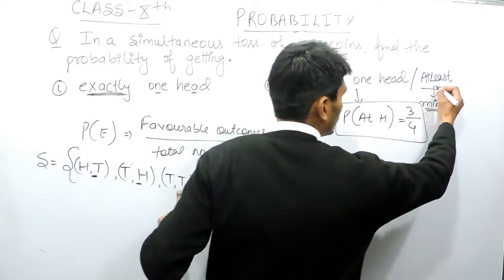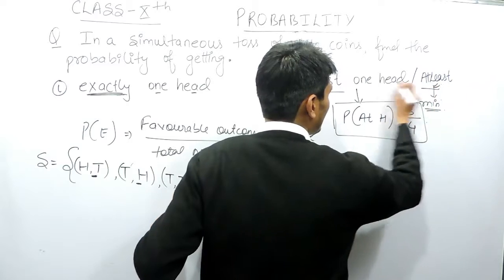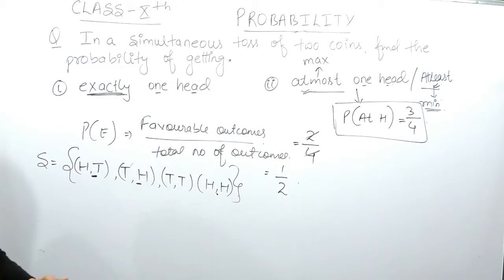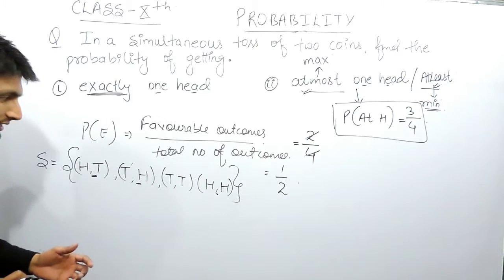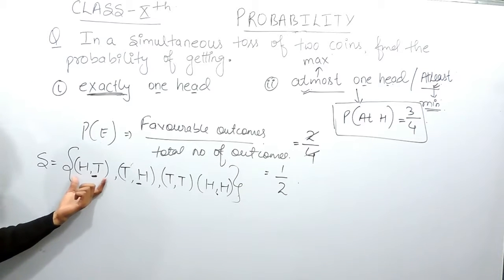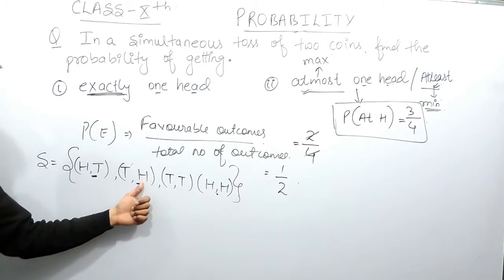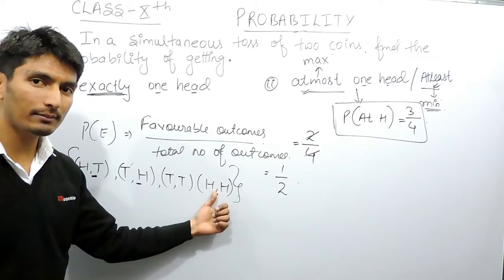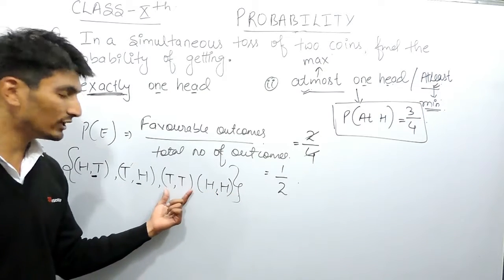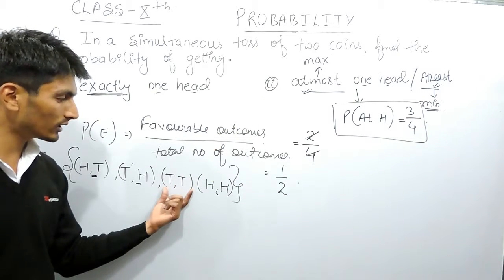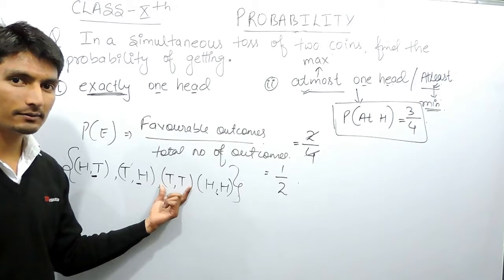Now if you want to find the probability of at least one head, at least is basically minimum one head. So in this case, if I consider this outcome, here there is one head, here also there is one head, and here also there is minimum one head present. But this cannot be included as a favorable outcome because in this outcome there is no head present.